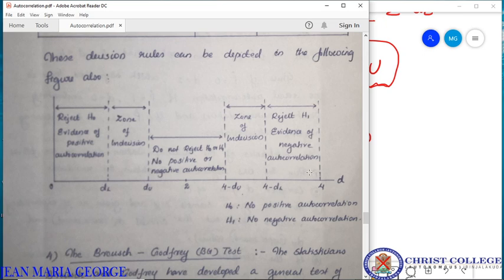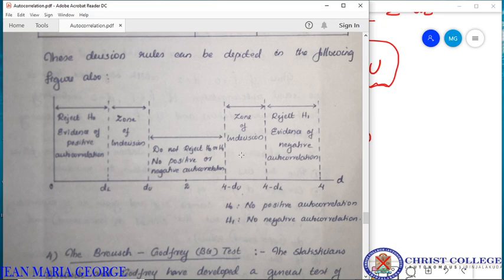Equally divided. Now the first hypothesis, positive autocorrelation: we reject it if the D value lies between 0 and dL. If the D value lies between dL and dU, we cannot make a decision regarding positive autocorrelation. Coming to this side, if the value lies between 4 minus dL and the maximum 4, we can reject the no negative autocorrelation hypothesis.